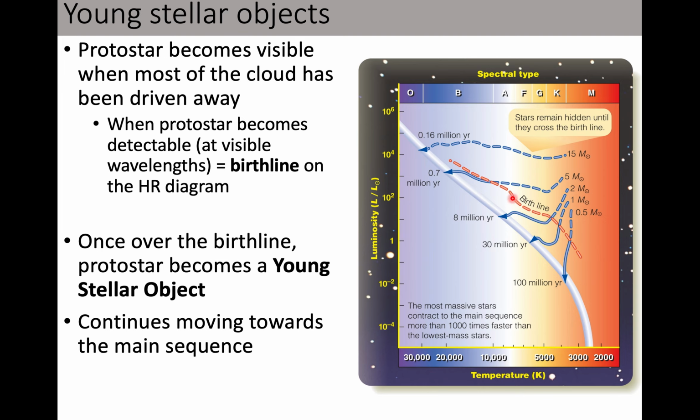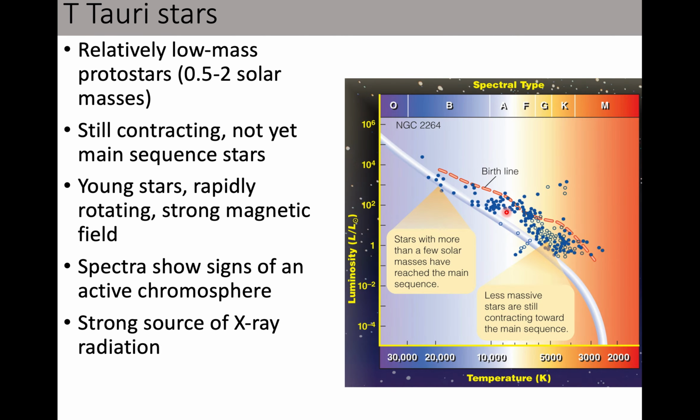And this is the point where we're now able to see it in the visible wavelength. So the young stellar object, now we can see it in the visible, and that object will continue moving on our diagram towards the main sequence. So the young stellar objects are the objects after the protostar has crossed the birth line before it reaches the main sequence.